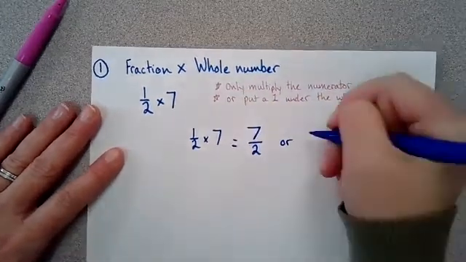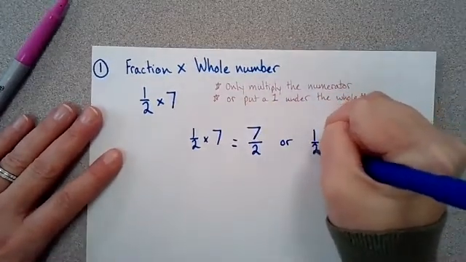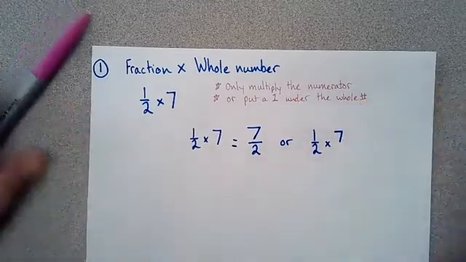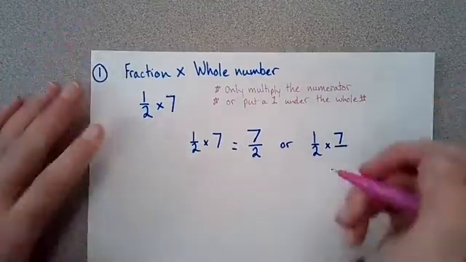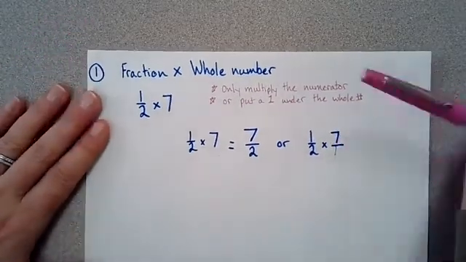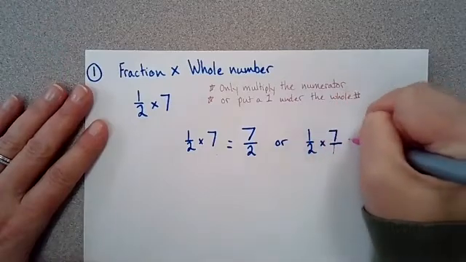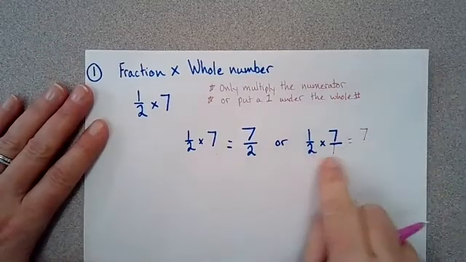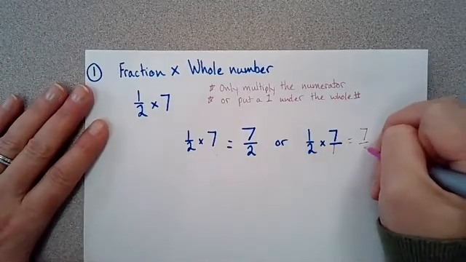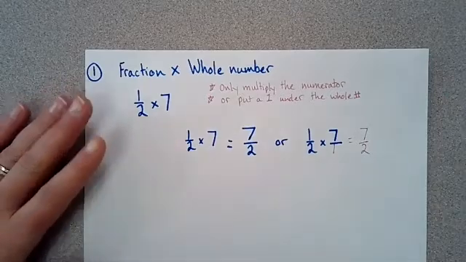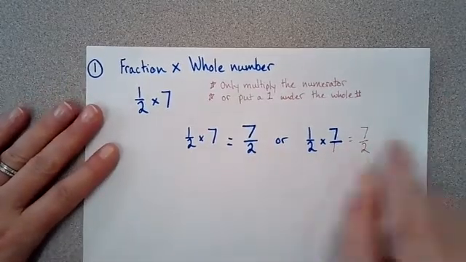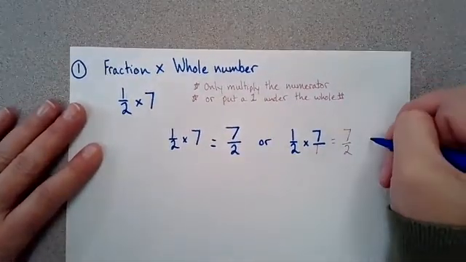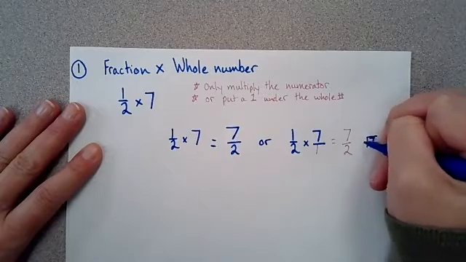or you could do this, take 1/2 times 7 and put a 1 under the 7, and then you can multiply 1 times 7 equals 7, and 2 times 1 is 2. Okay, now keep in mind that you can't leave this like this because it's improper, so you have to take 7 divided by 2.